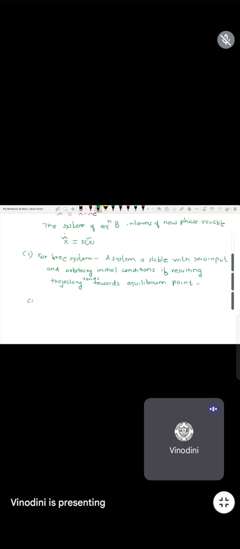Now the second is the forced system. Force means the driving source or input will be there. A system is stable. See, the concept is very important to understand. If you are not attentive in the class, then what will happen?